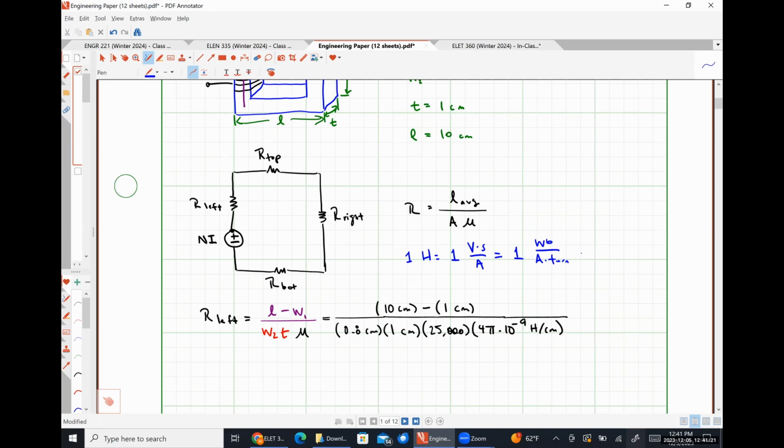And so from this, we're going to find that our reluctance for this particular leg is 35.810 times 10 to the 3 amp turns per Weber, using the units conventionally associated with reluctance.